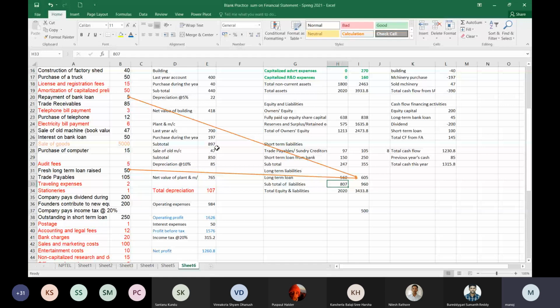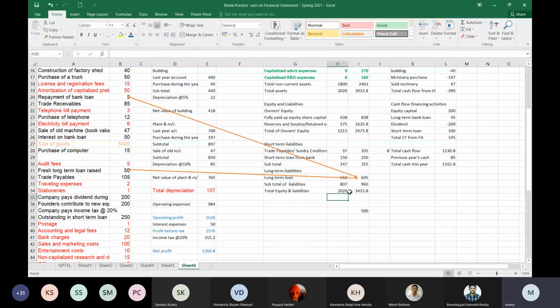Made a mistake. Is equal to this plus this. So it is 807. This is equal to this plus this.